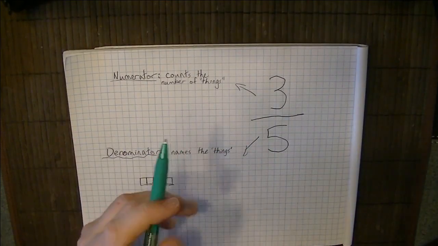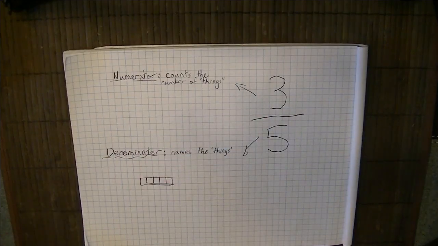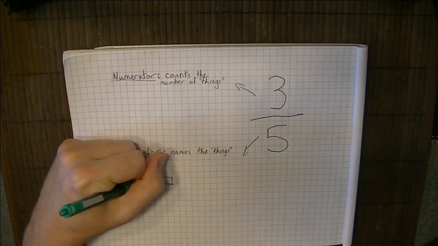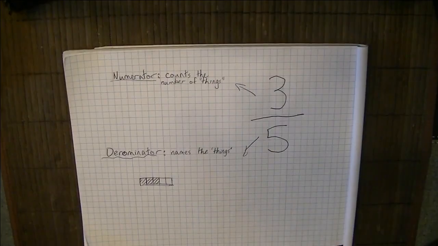Okay, so there we go. 3/5 would be, of course, 3 of those, and that gives us an idea of how fractions work.